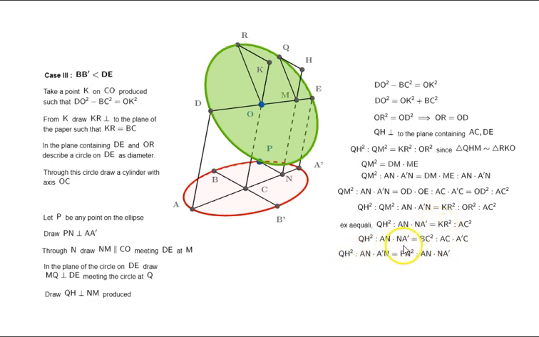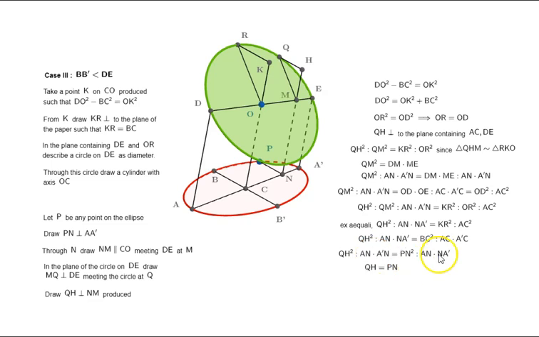So QH square is to AN times NA prime is equal to PN square is to AN times NA prime. Why? Because BC square is to AC times A prime C is equal to PN square is to AN times NA prime. So QH is equal to PN, because they both have the same ratio with a third quantity.